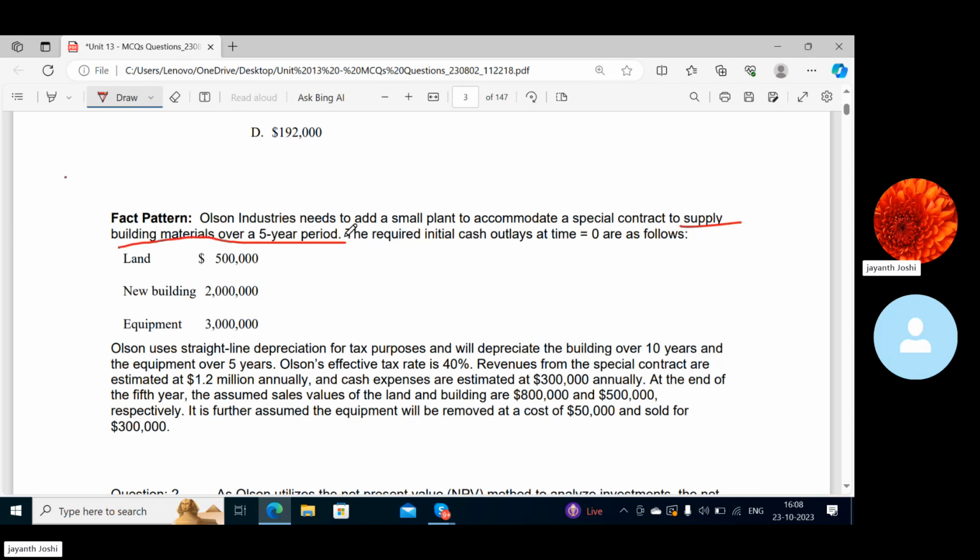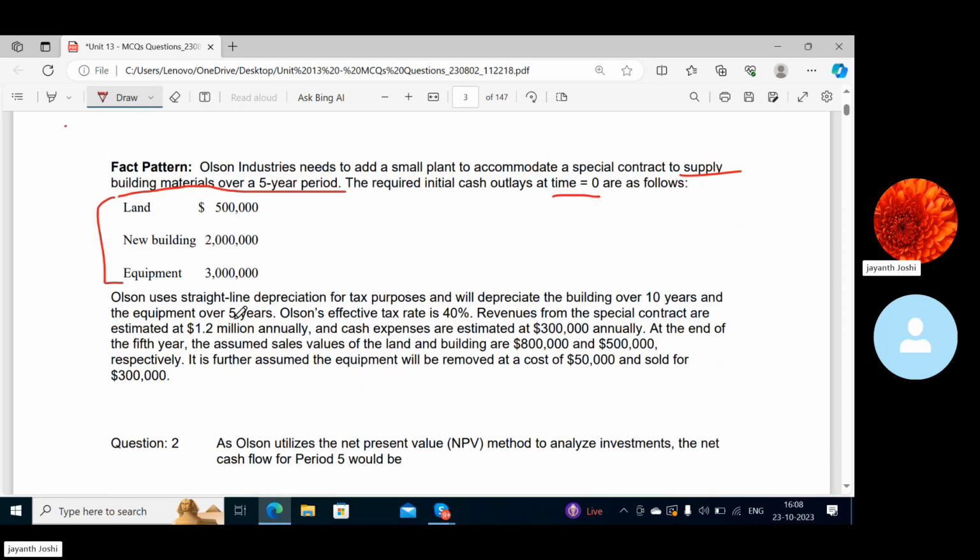That means to sell the building materials, they want one more plant. Required initial cash outlays at time 0 are as follows. That means this is at the beginning of the project, right? Oslon uses straight line depreciation for tax purposes and will depreciate the building over 10 years and the equipment over 5 years.